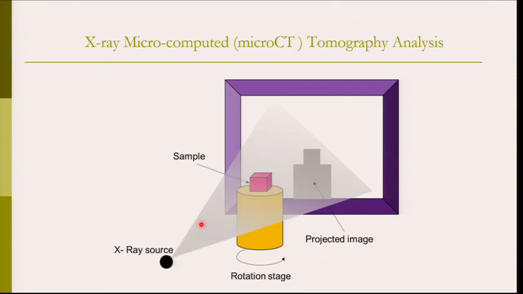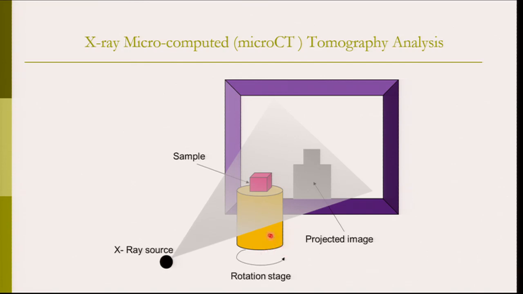As we discussed earlier, stereology is the three-dimensional interpretation of two-dimensional cross sections of materials. The closest technique to make use of such principles would be X-ray microcomputed tomography analysis. In it, you have an X-ray source, which you can see with a black dot, and an object placed on the rotation stage.